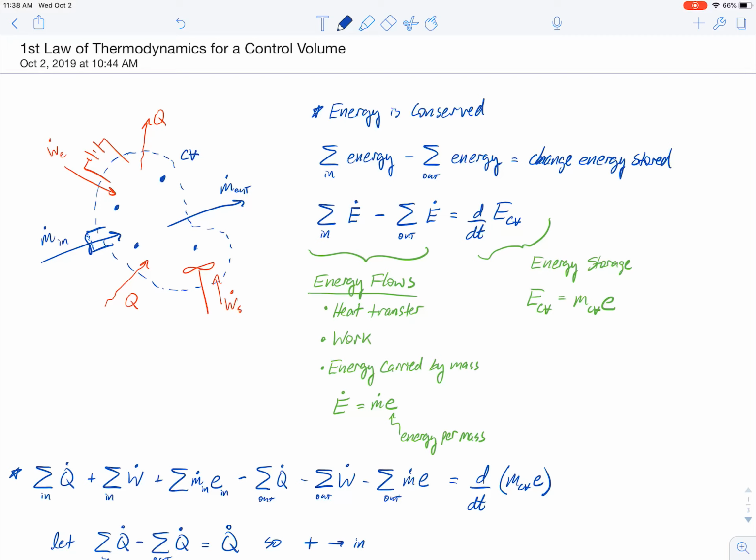I might have different speeds and different properties at different inlets and outlets. That can still occur, but I'm saying at that specific portion of the boundary, I have uniform properties and I have uniform velocity.